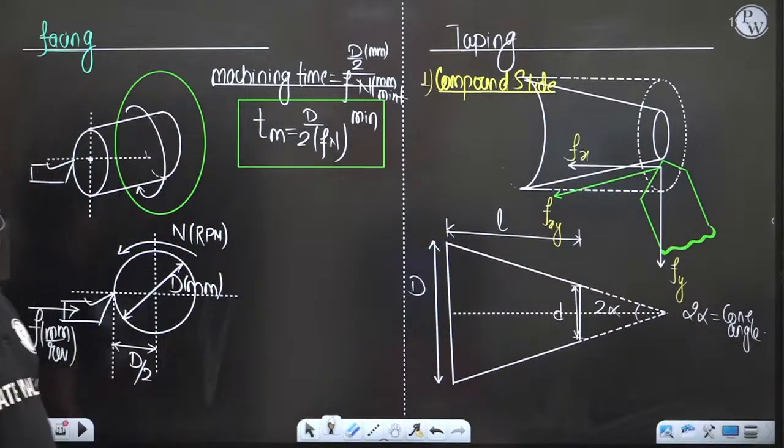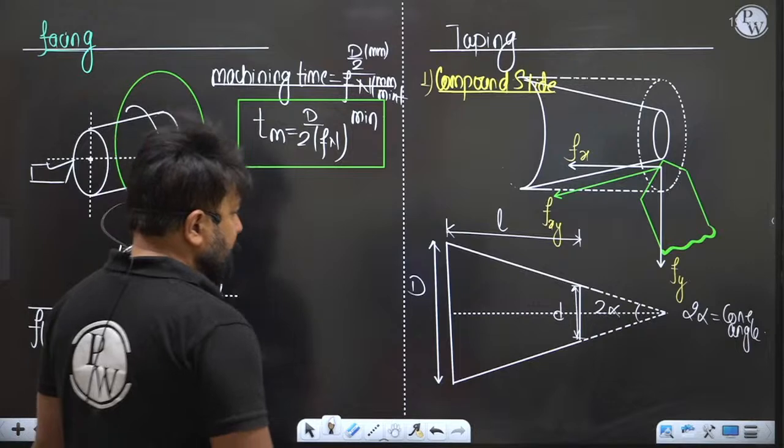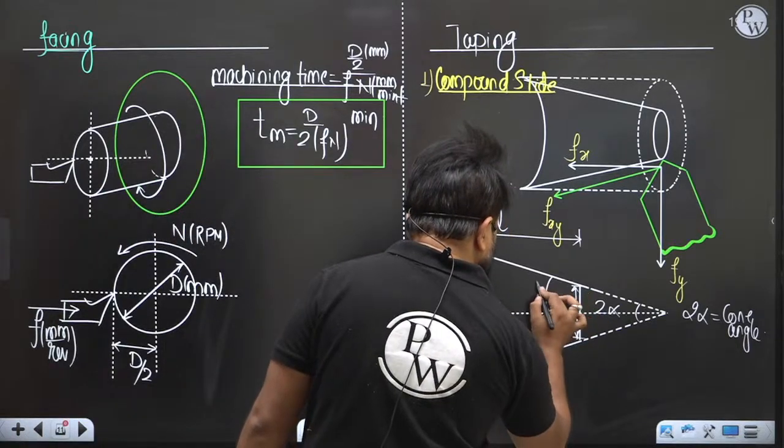Cone angle or taper angle, sometimes we say taper angle also. So let me write down. This is alpha.